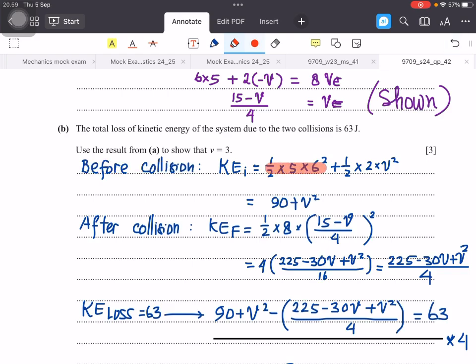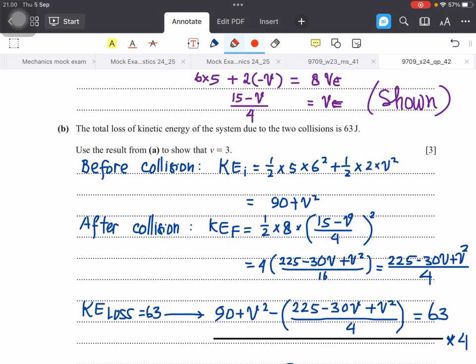This one is the kinetic energy of particle A. Half times the mass, which is 5. Initially A moved with speed 6 meters per second. So half times 5 times 6 squared, plus half times 2 times V squared.